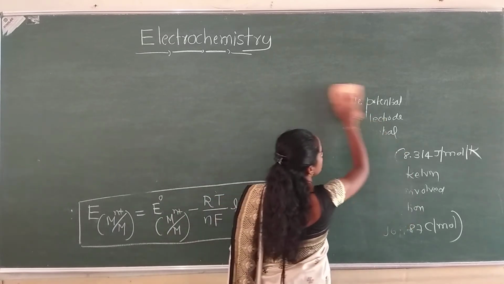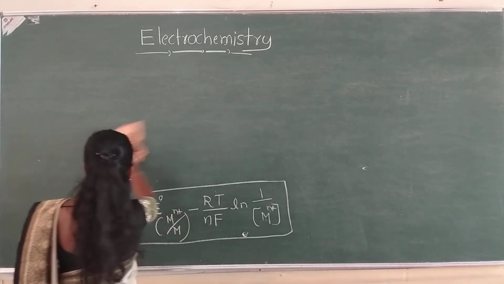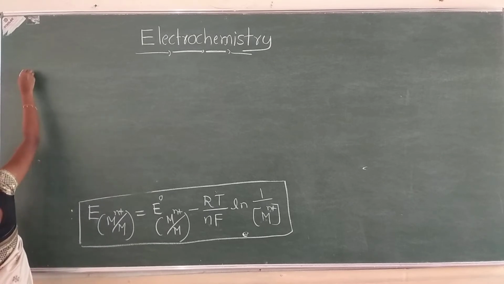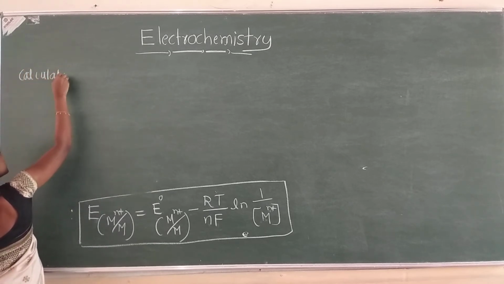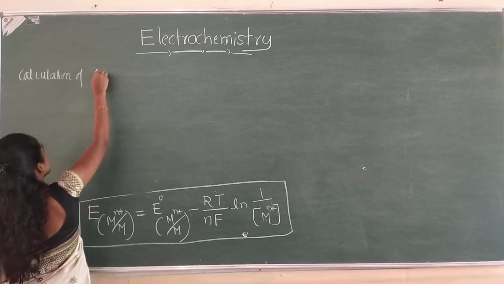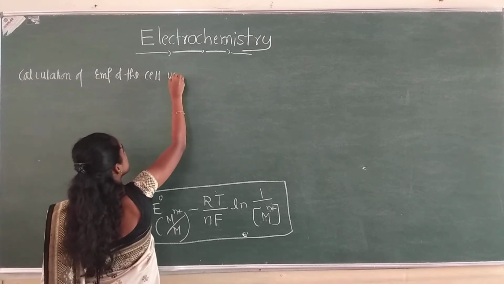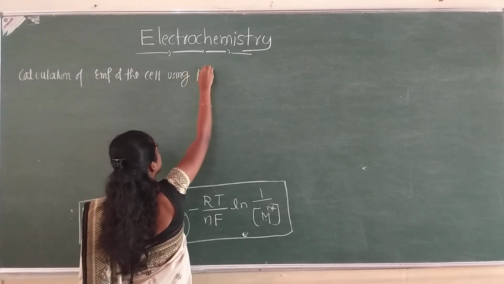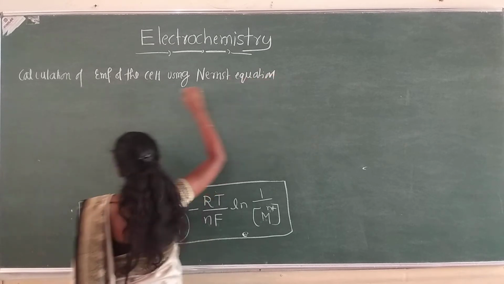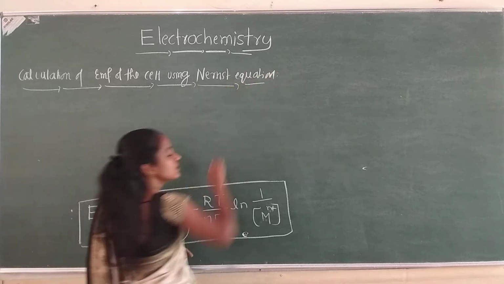So let us write the side heading: calculation of EMF of the cell using Nernst equation.